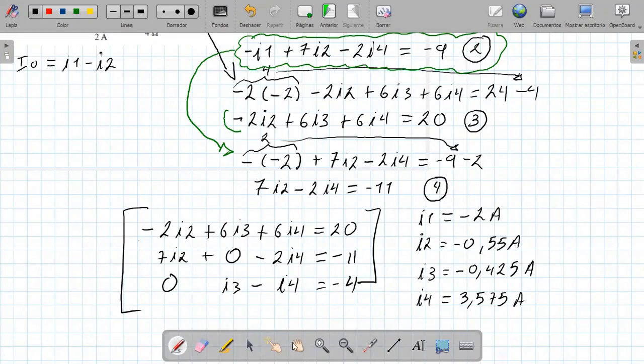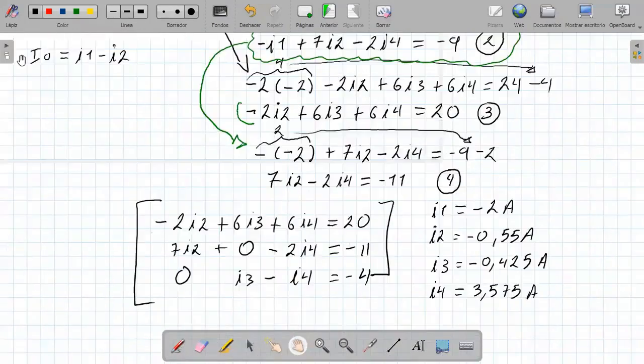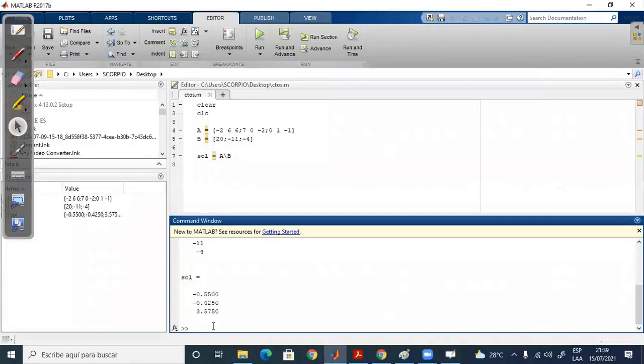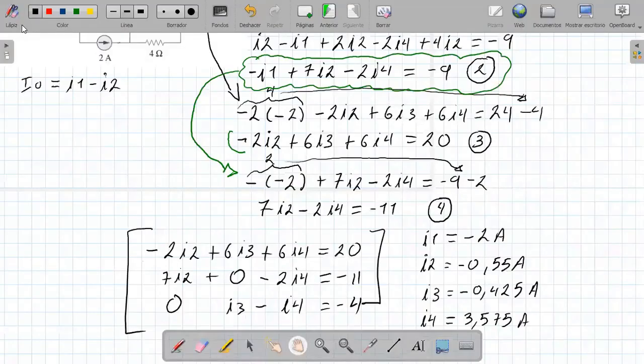It is minus 2 amperes, which is the N1 we already have above, minus the solution variable in position 1. MATLAB tells me that the current Y sub 0 is minus 1.45. I'm going to put here Y sub 0 is equal to minus 1.45.